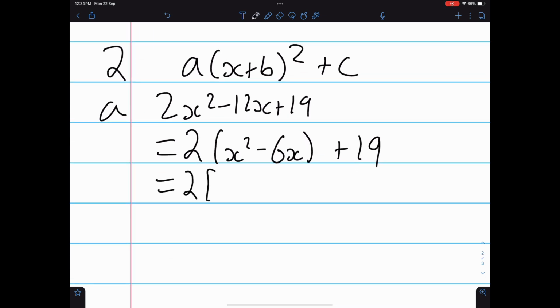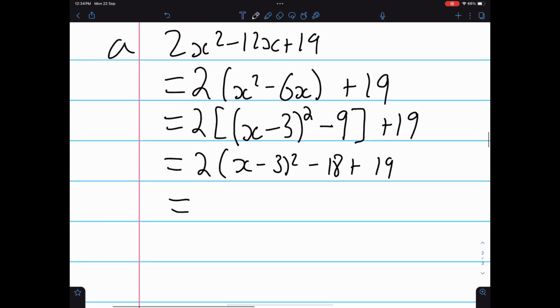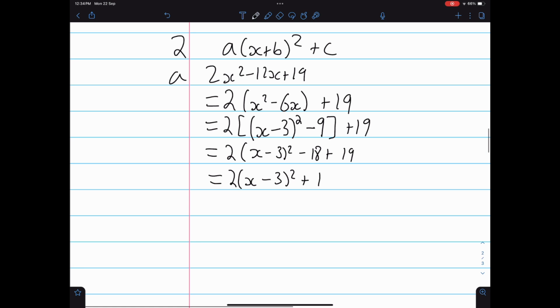Now we do the square brackets thing, and we do our completing the square by halving that coefficient of x, adding a squared, then subtracting the square of that. We do a partial expansion. Be careful of your signs. And we get that.